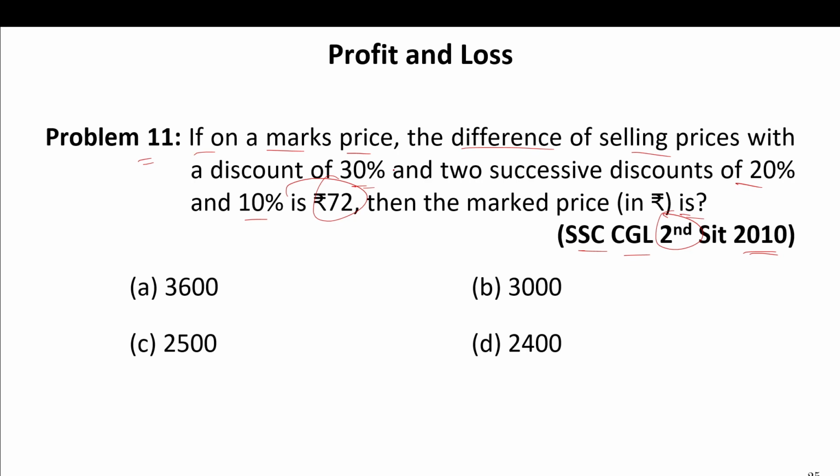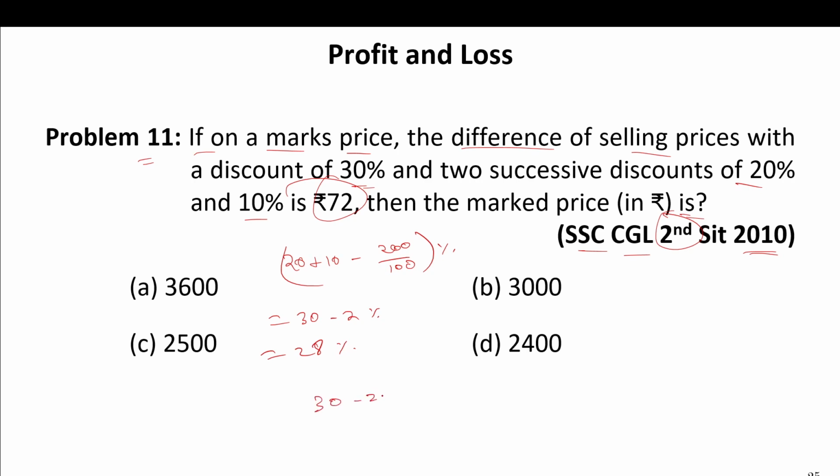Okay, so the difference between a straight discount of 30 and successive discounts of 20 and 10. So after successive discounts of 20 and 10, the equivalent percentage will be 20 plus 10 minus 200 by 100. This much amount of what percent? So this is equal to 30 minus 2%, which is equal to 28%. So this is equivalent to the two successive discounts. Okay.